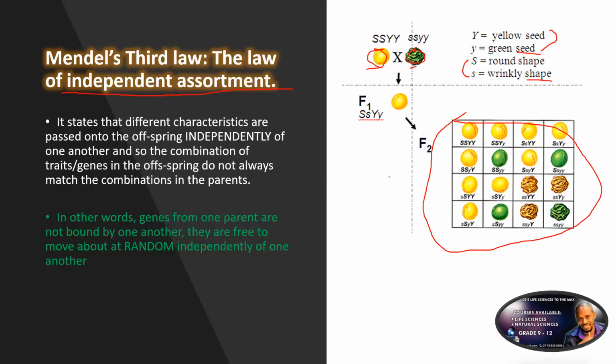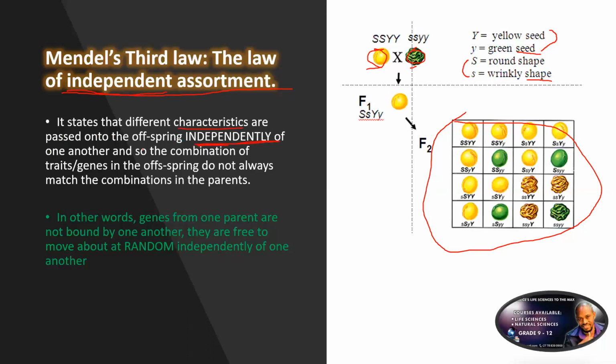And Mendel did this experiment and came up with his third law, which states that different characteristics are passed on to the offspring independently. That word independently is what makes us call it independent assortment, independent mixing.